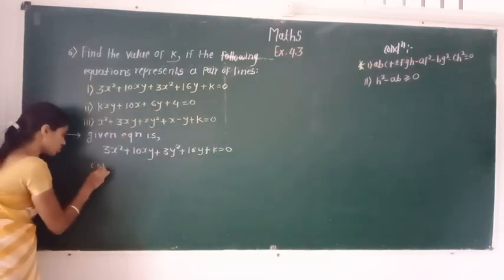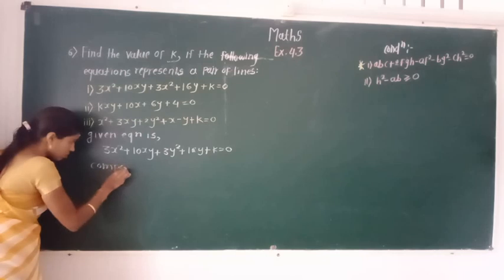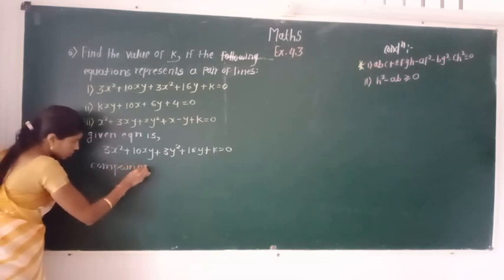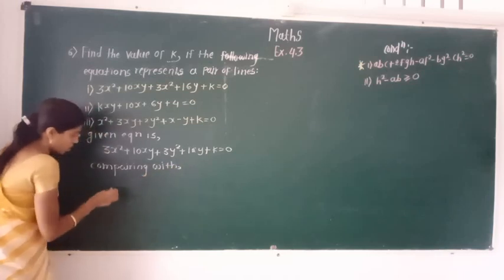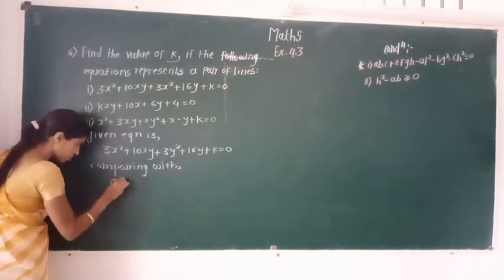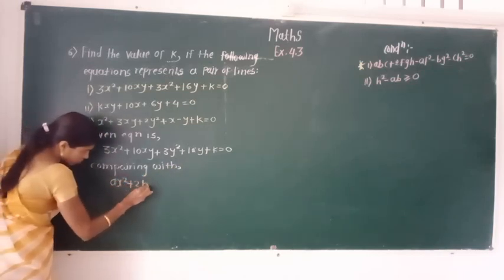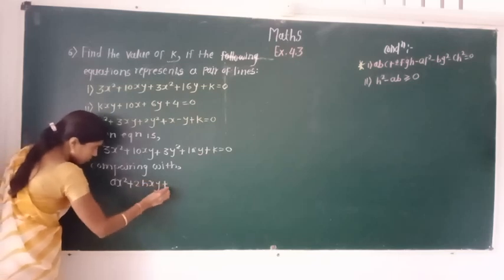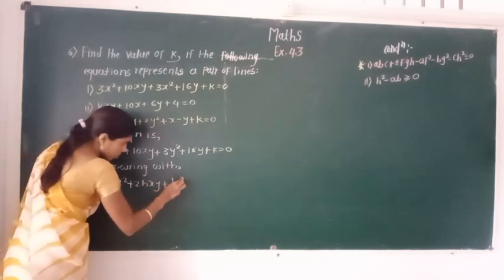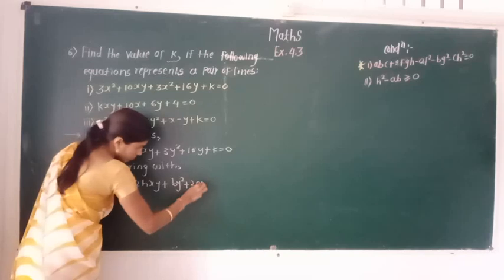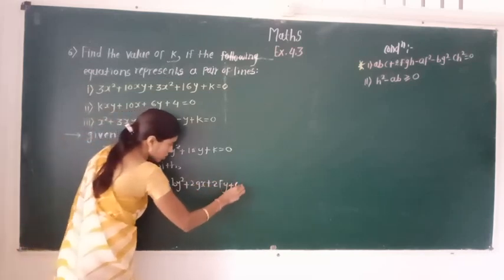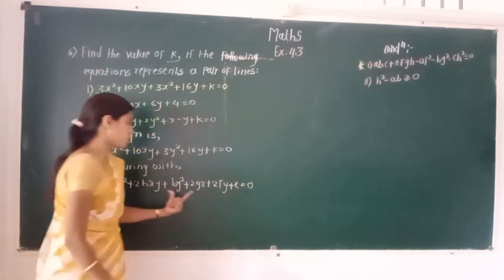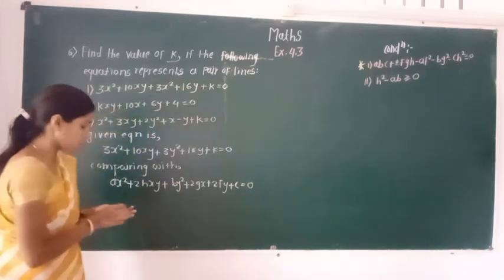Comparing this equation with ax square plus 2hxy plus by square plus 2gx plus 2fy plus c is equal to 0, and it is the general second degree equation.